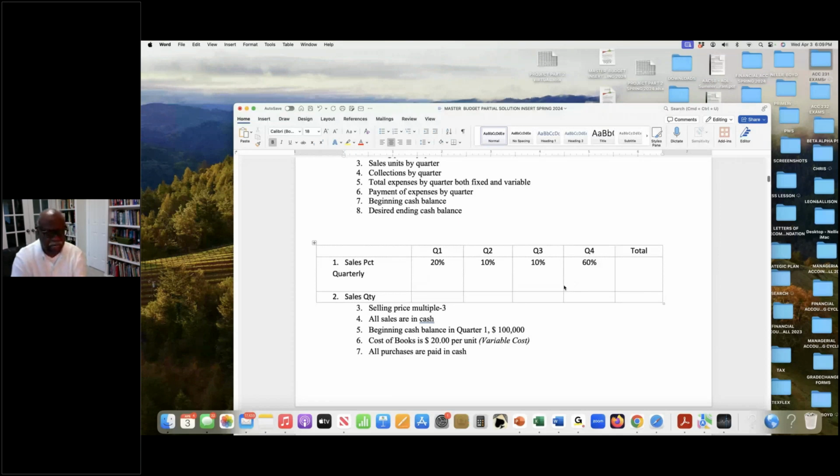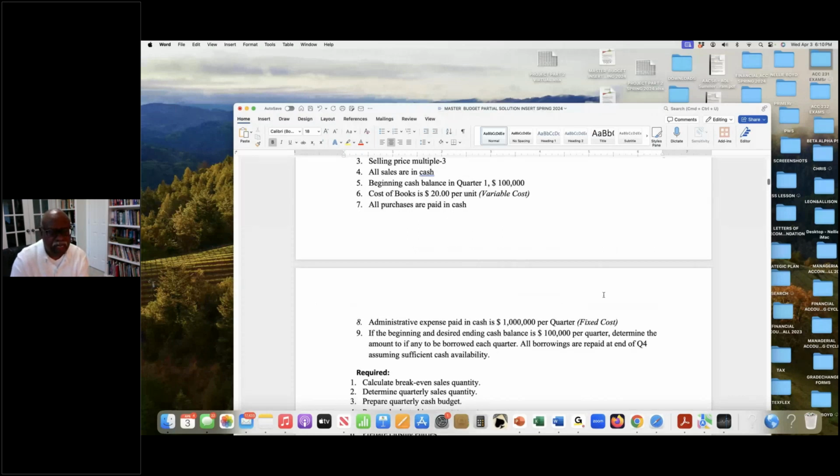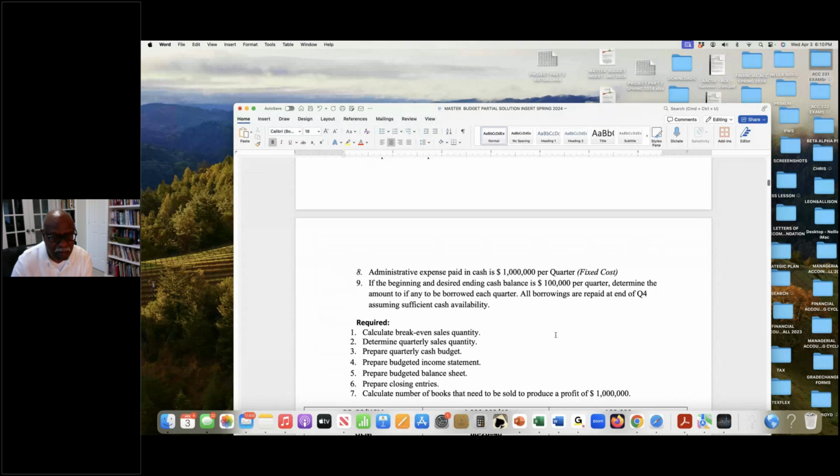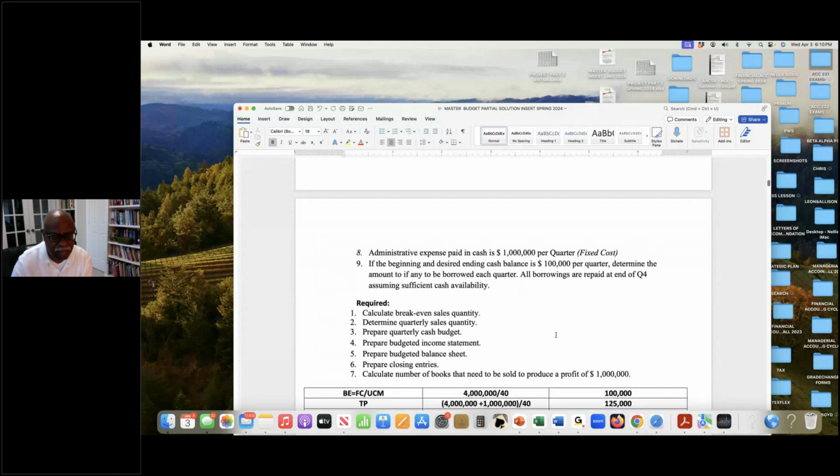You've got to do break even as well as target profit and target loss, and everybody on the team has a budget year they're working with. If those quantities are wrong, everything you do will be wrong. So you want to make sure that you're comfortable with that.